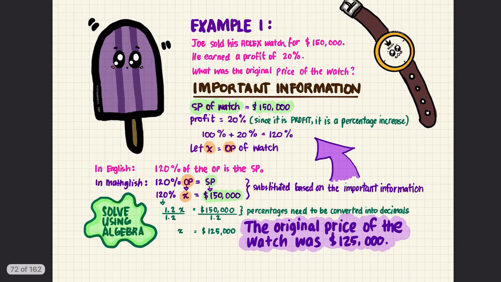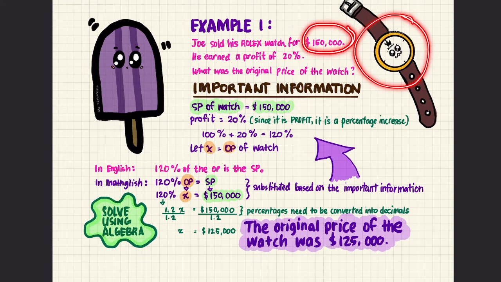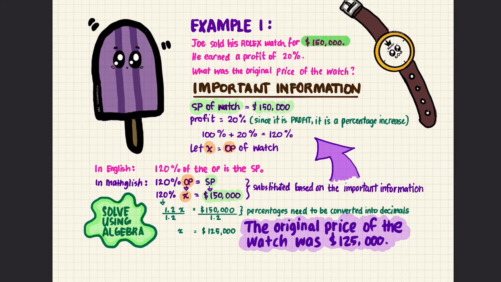So let's look at the first example here. Joe sold his Rolex watch for $150,000, and he earned a profit of 20%. What is the original price of the watch?